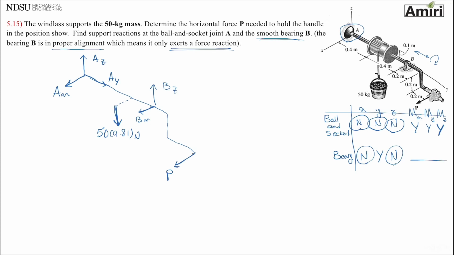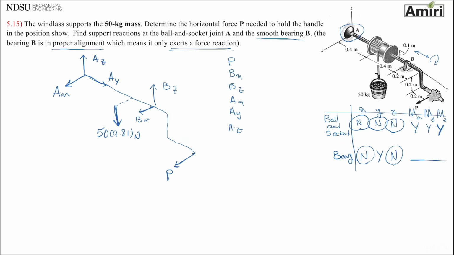So this is my free body diagram in 3D form. So how many unknowns do I have? I have P, BX, BZ, AX, AY, AZ. I have 6 unknowns. Well, good thing is I have 6 equations as well.